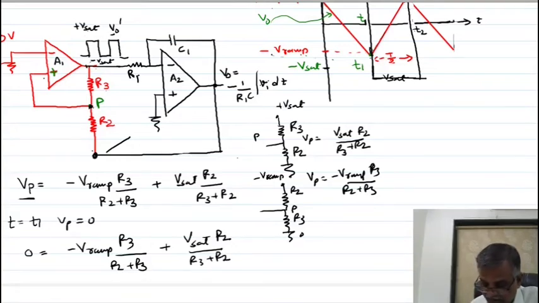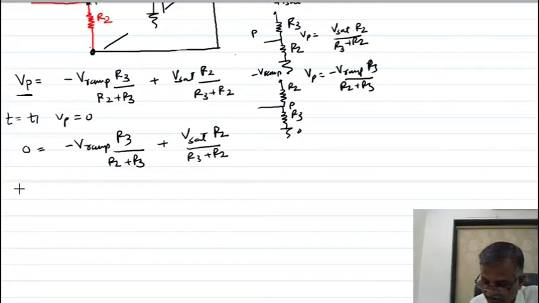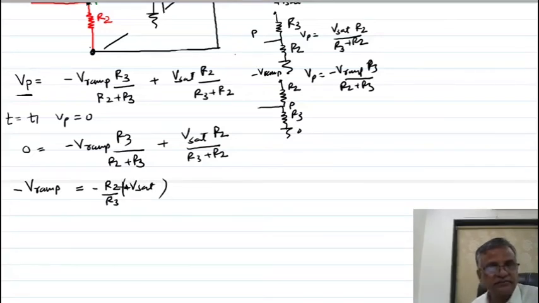If I write this equation, I get minus V ramp is equal to R2 by R3 into plus V set. At time t1 you can write it like this.